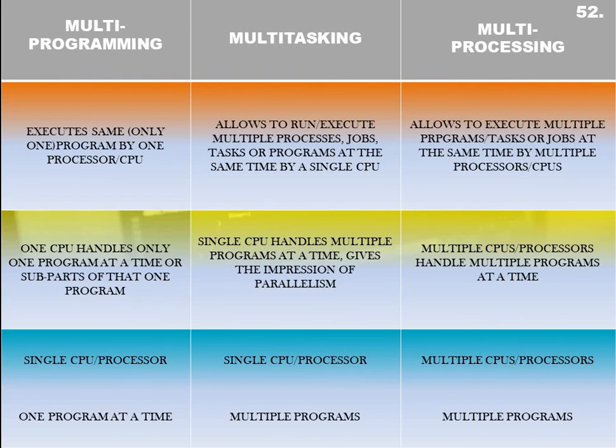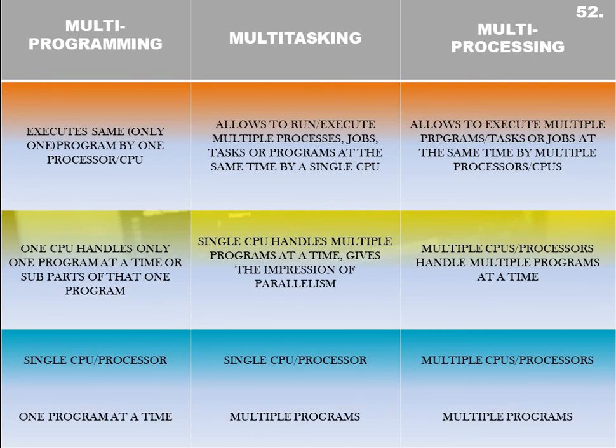In multiprogramming, the CPU is one, but it is bound to execute all the tasks of one program, then the tasks of another program. While in multitasking, the programs have different subparts or subprograms or subjobs, and one single CPU can just switch between them.